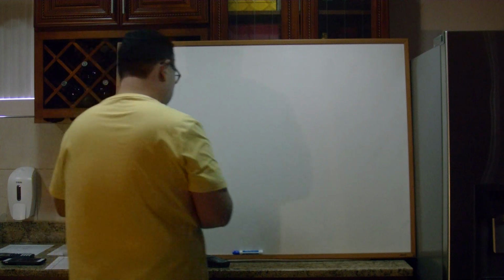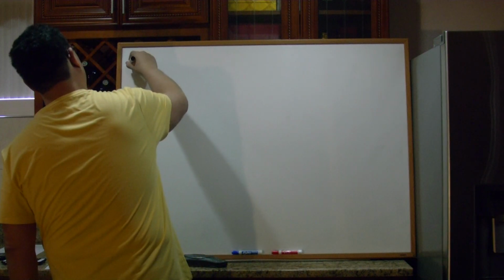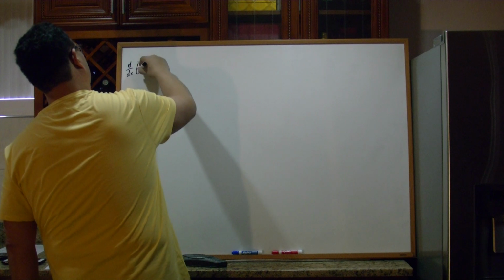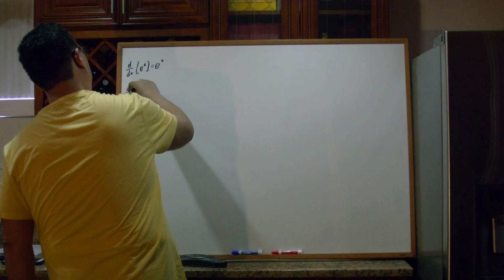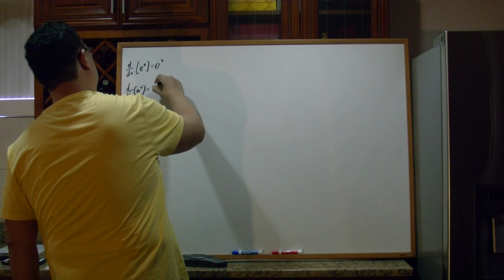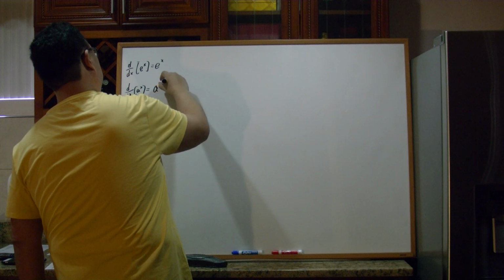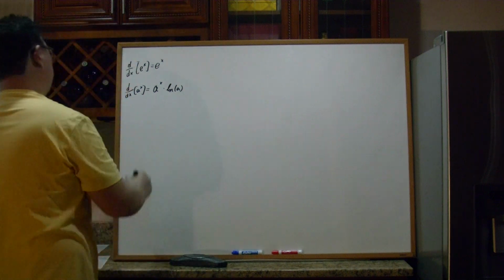Now when we observe them carefully, if the base is e, that's e to the x. If the base is not e, that's the same a to the x, but we need to multiply by the scalar ln a.